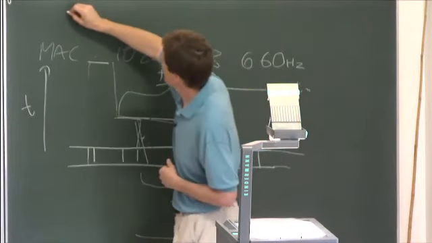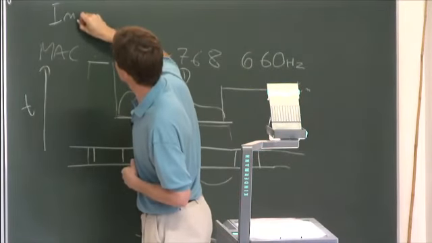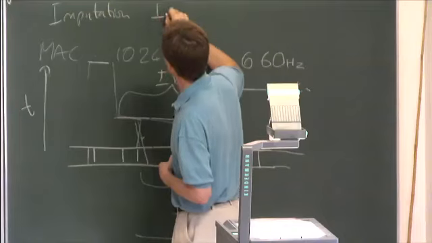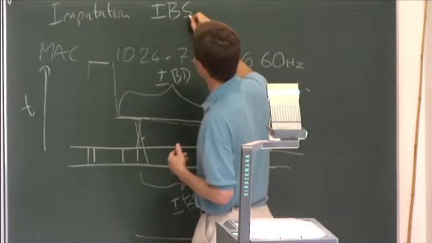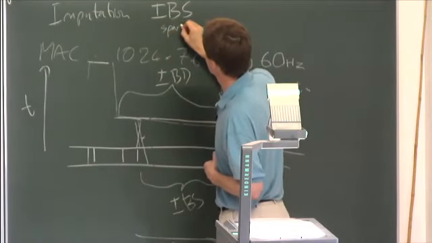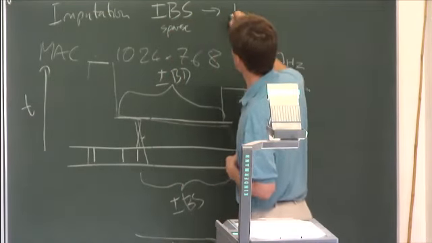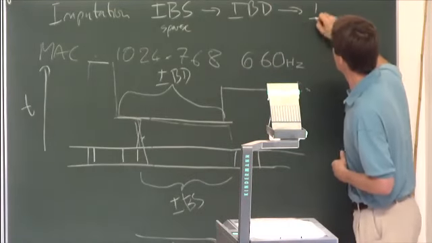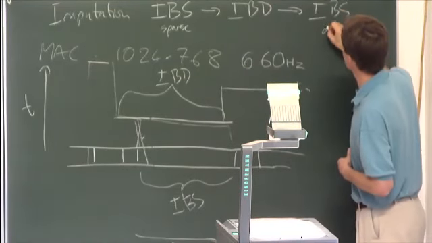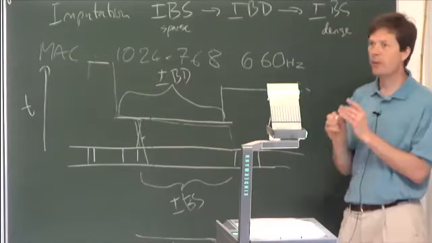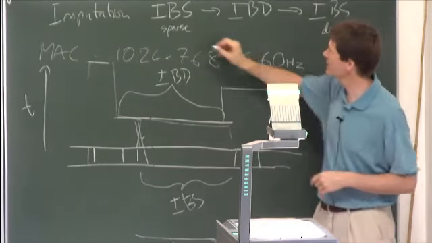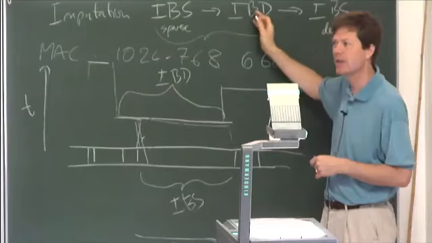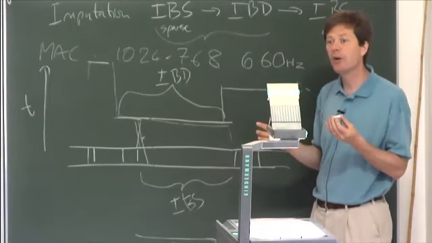So imputation is basically a process of going from IBS sparse to an inference of IBD to an inference of IBS dense. And what we want to evaluate is how confident you can be in each of these steps under a model.